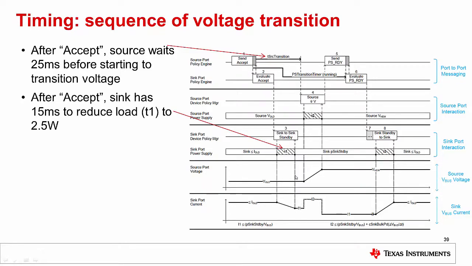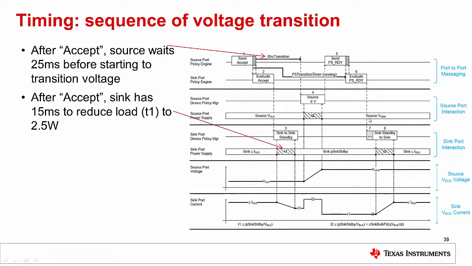And then after that's happened, the source completes the 25 millisecond wait and it will start increasing the voltage. There'll be some extra inrush current into the sink bulk capacitance during that time, but it's still a pretty low load here. Once the voltage has completely transitioned, the source sends a power supply ready message.